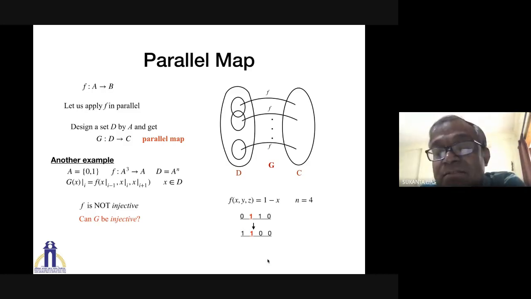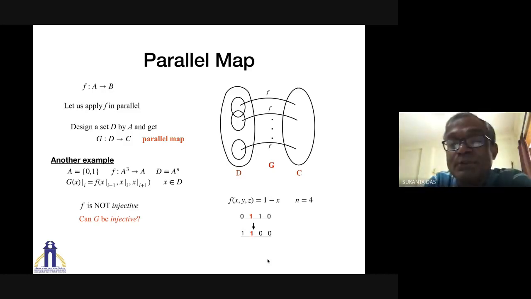Consider the next position, the next one on the right-hand side. It is 1, but now it becomes 0. Why is it so? Because here f takes x, y, z, where x is 1, the next one is y, and 0 is z.